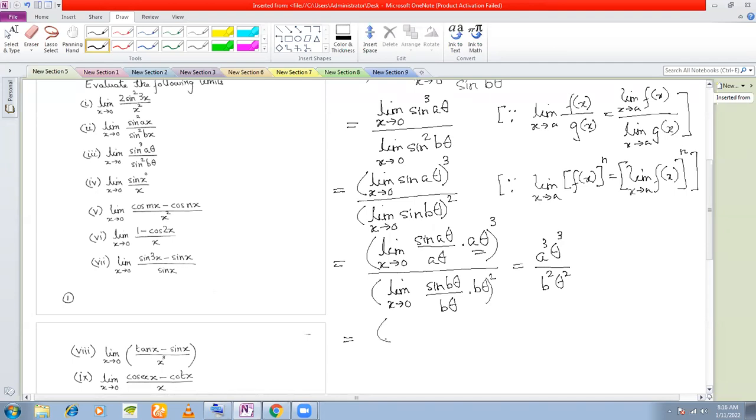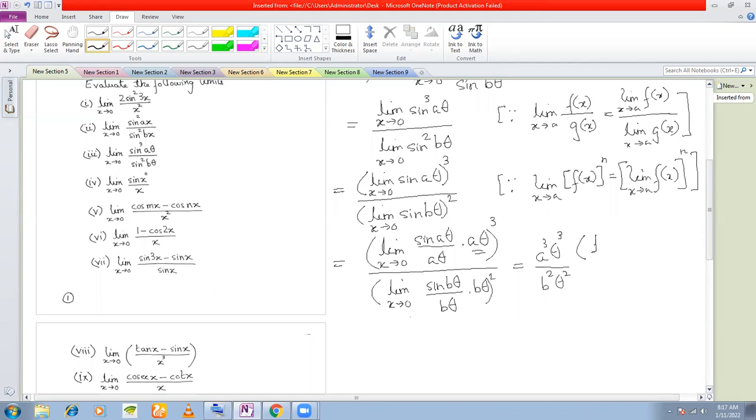now in the numerator here, in the next step, limit x tends to 0, we are only left with sine a theta by a theta, right? Cube. If I take this out of the bracket, I'm left with a cube theta cube by b square theta square.